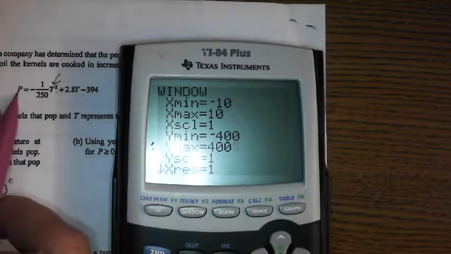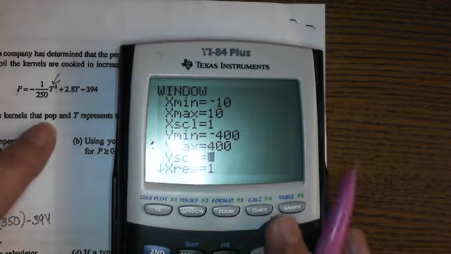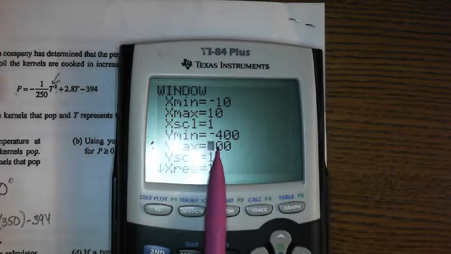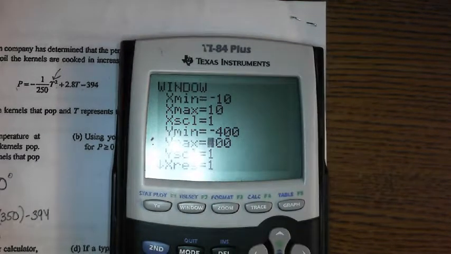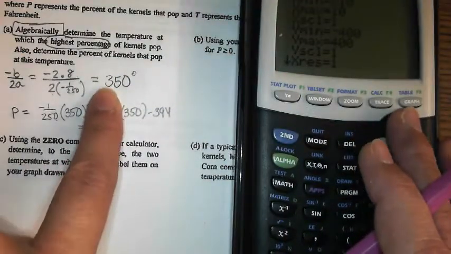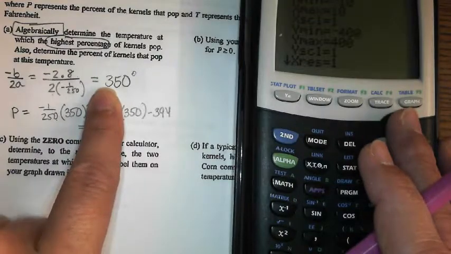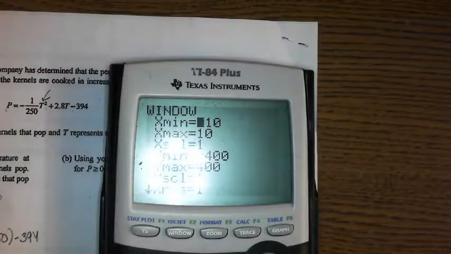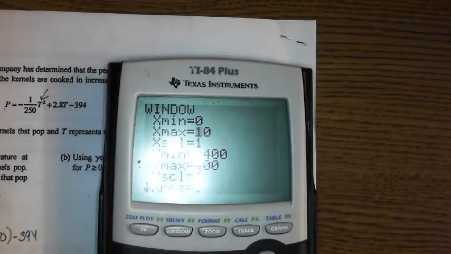Remember, your y-axis stands for percentage, right? Actually, I don't really need to go past 100%, right? I will, just to see what's happening. But then my x-coordinate stands for the temperature. Our temperature that we calculated was 350, so the temperature of your popcorn popping could be anywhere from 0 to, let's say, 500 degrees.